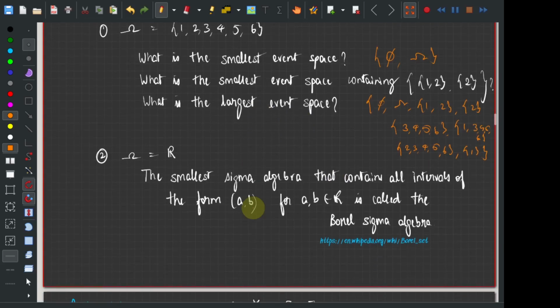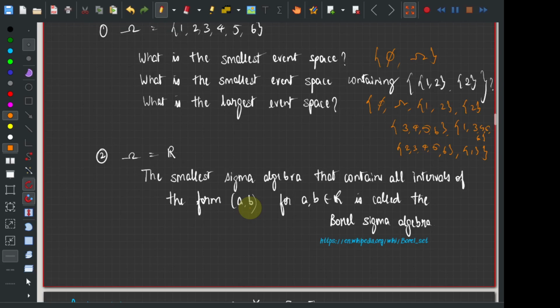In the special case where omega is the set of all real numbers, or maybe an interval of real numbers, we need a sigma algebra to work with, and we will frequently use this sigma algebra, particularly when we talk about random variables. The sigma algebra that we typically work with is generated by open intervals or half closed intervals.